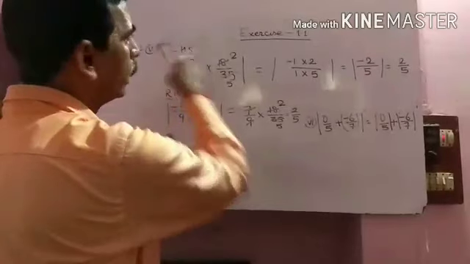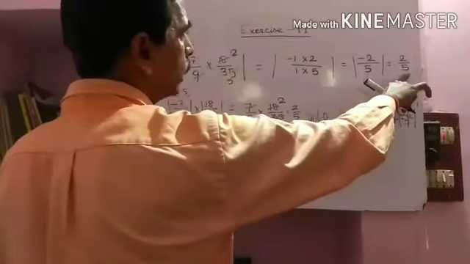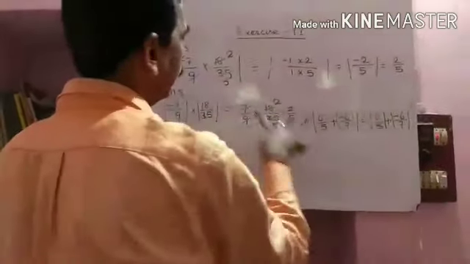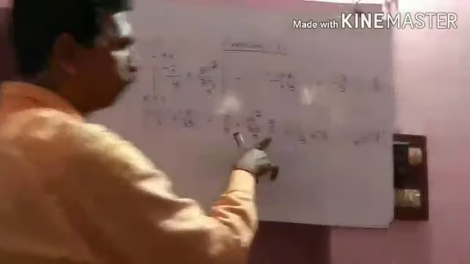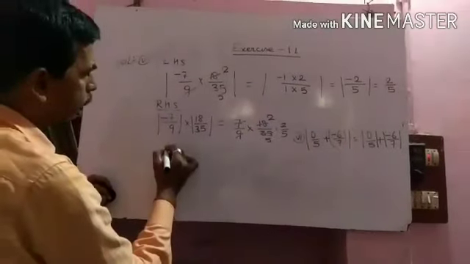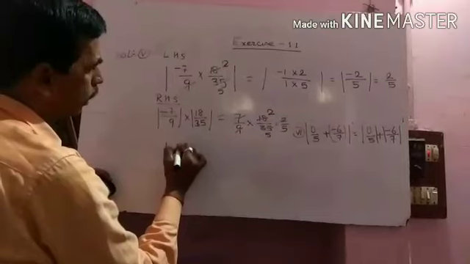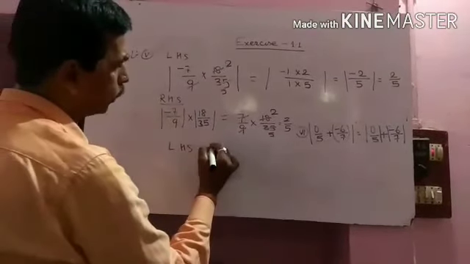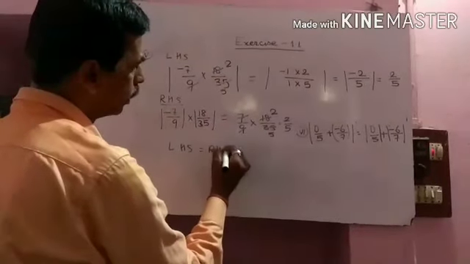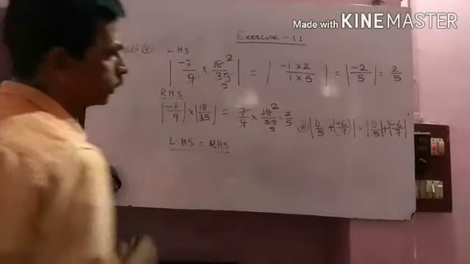So look here, LHS, the left hand side, is equal to 2 by 5 and RHS is also 2 by 5. So finally we can say that LHS is equal to RHS. Okay?